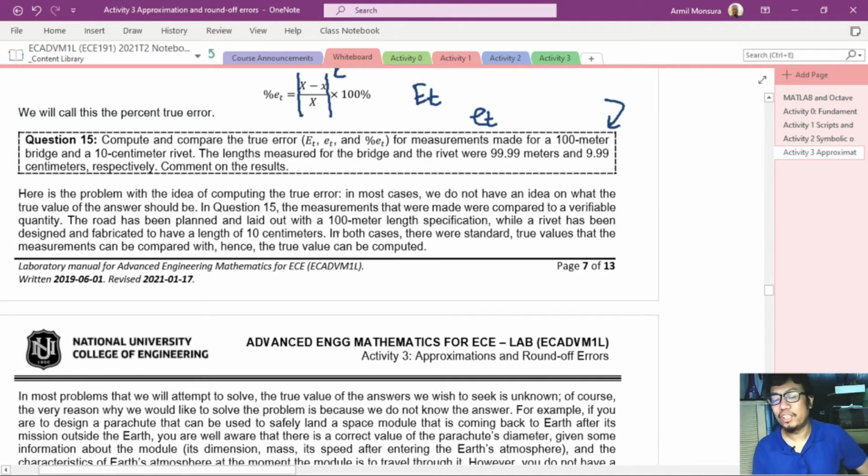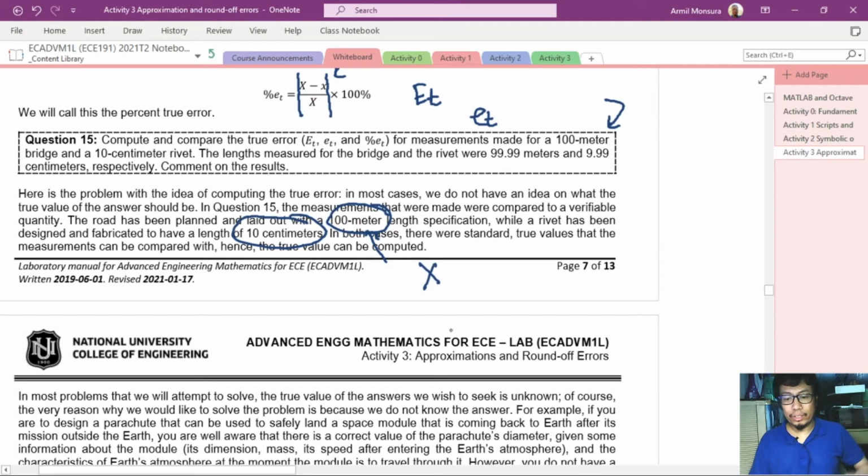Kasi alam natin yung length of the road, which is 100 meters. Alam natin yung length ng rivet, which is 10 centimeters. This is 100 meters, then yung isa 10 centimeters. Okay? There is a benchmark that we can consider. Okay? So at that point, we know the true value x.